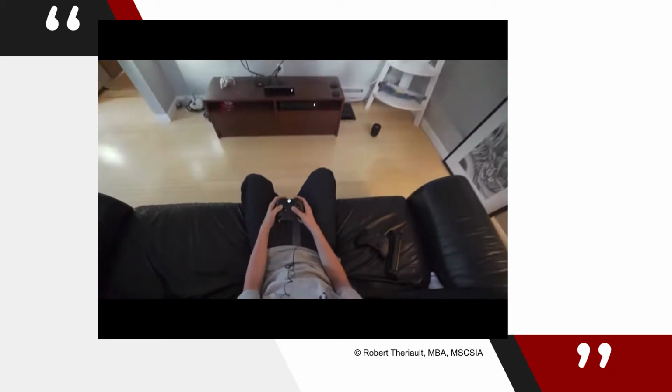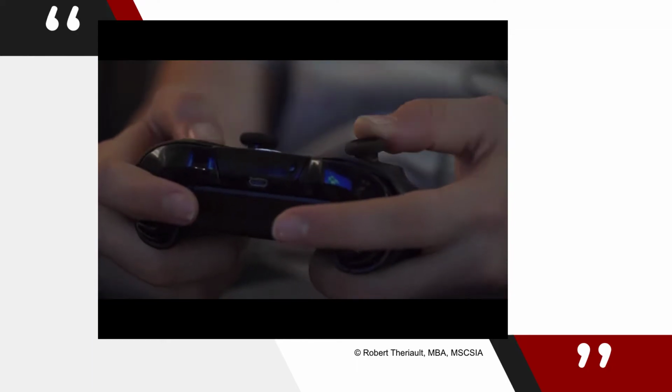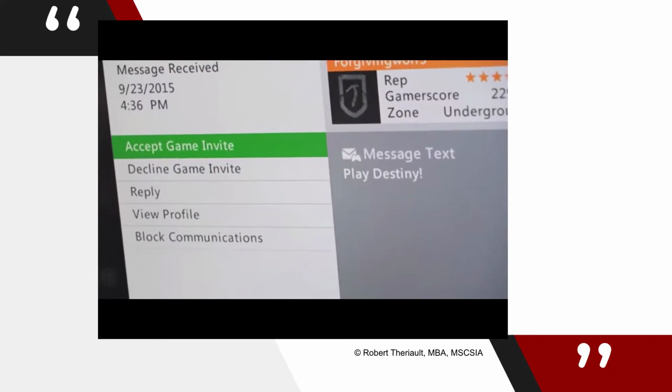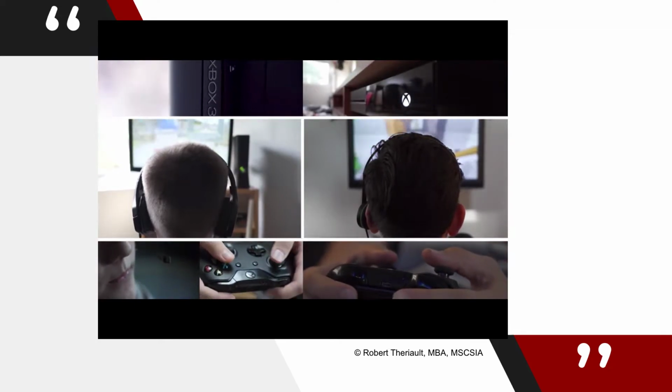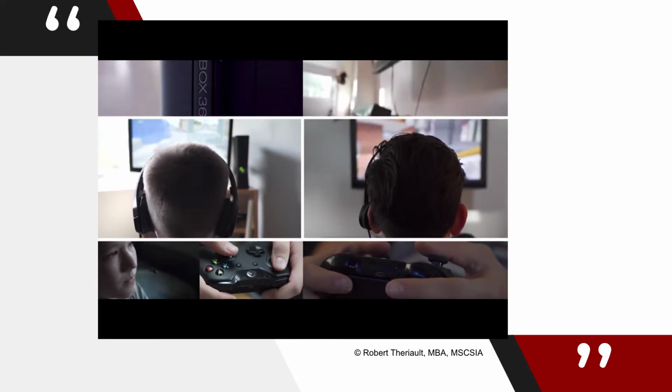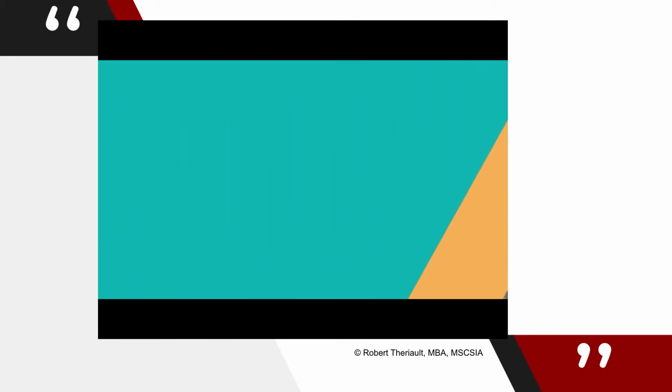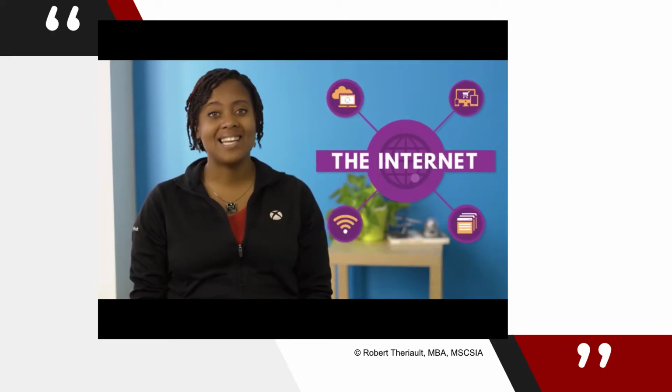I'm Jasmine Lawrence, and I'm a program manager on the Xbox One engineering team. One of our biggest features is called Xbox Live. It's an online service that connects gamers from all around the world, and we rely on the internet to make that happen. This is no easy task, and there are a lot of things happening behind the scenes. The internet is totally changing how people interact and connect.